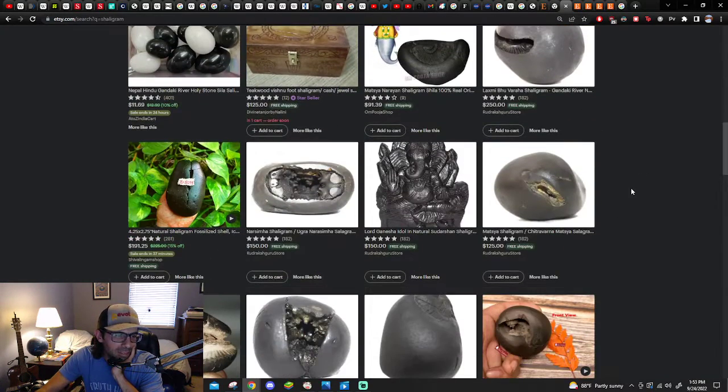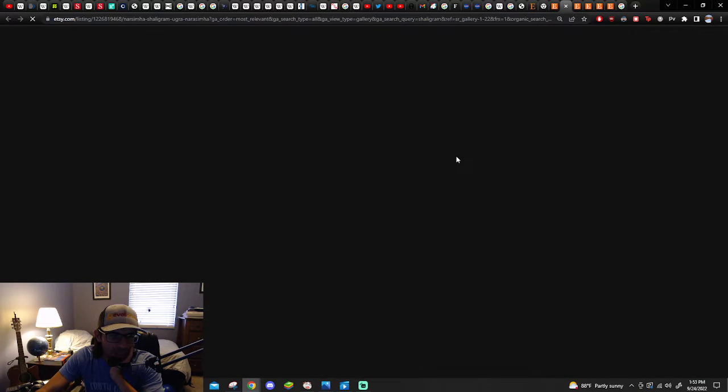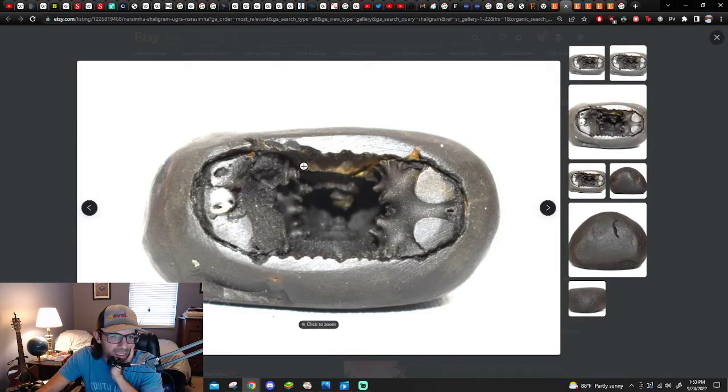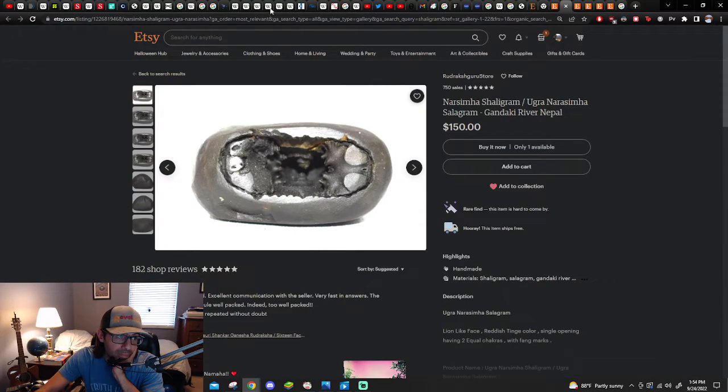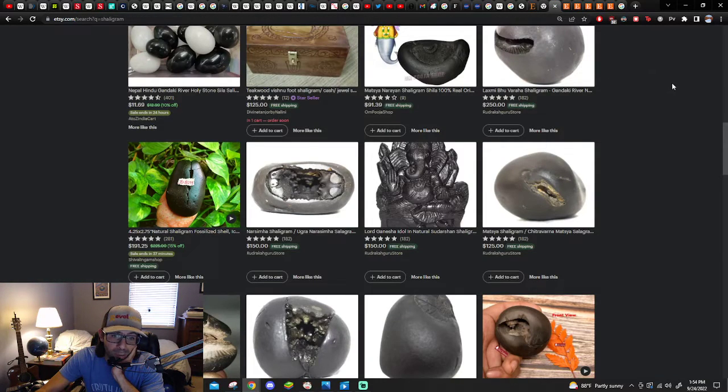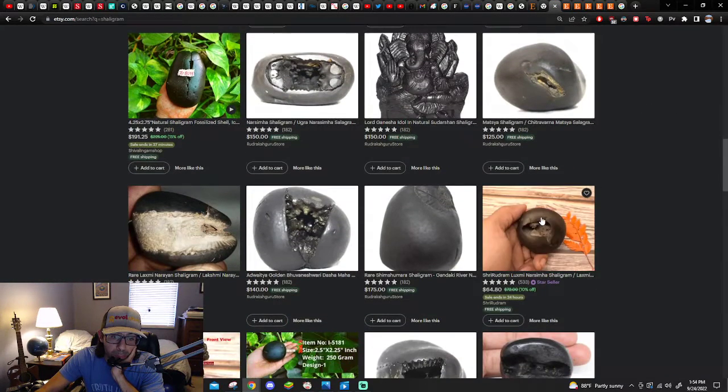Oh. What is that? Look at that. Oh, look at that. Oh my god, the way it does this. That is energy flows. That is not a shell fossil. I know shell fossils grow with energy flows.